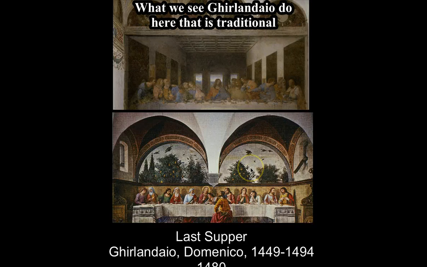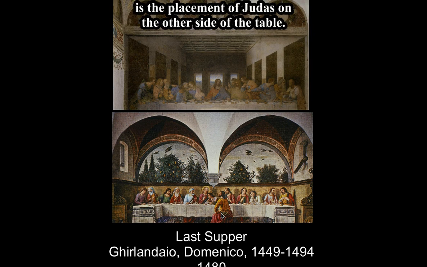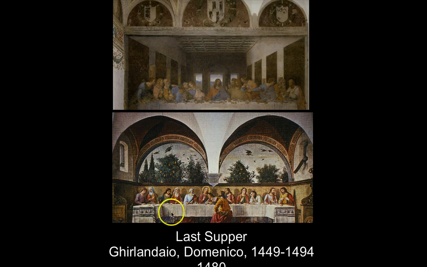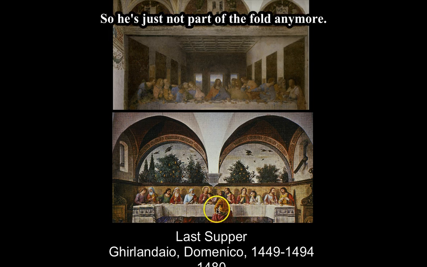What we see Ghirlandaio do here that is traditional is the placement of Judas on the other side of the table. Judas has always been shown this way to fully demarcate him, so he's just not part of the fold anymore.